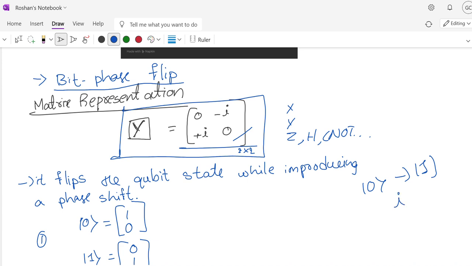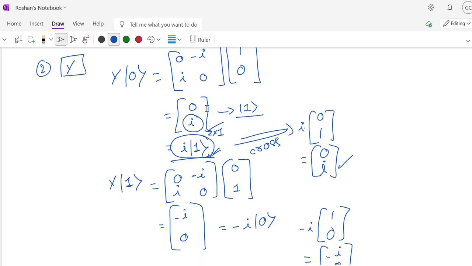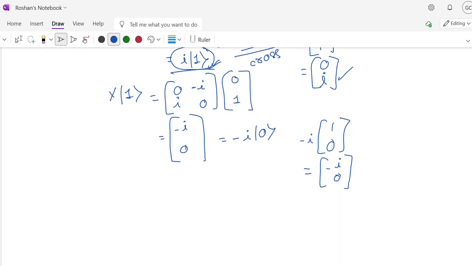Input we are passing as 1 0 or 0 1, but the output results in i phase. You can see here the output is resulting in a phase. That is why it is called bit phase flip.